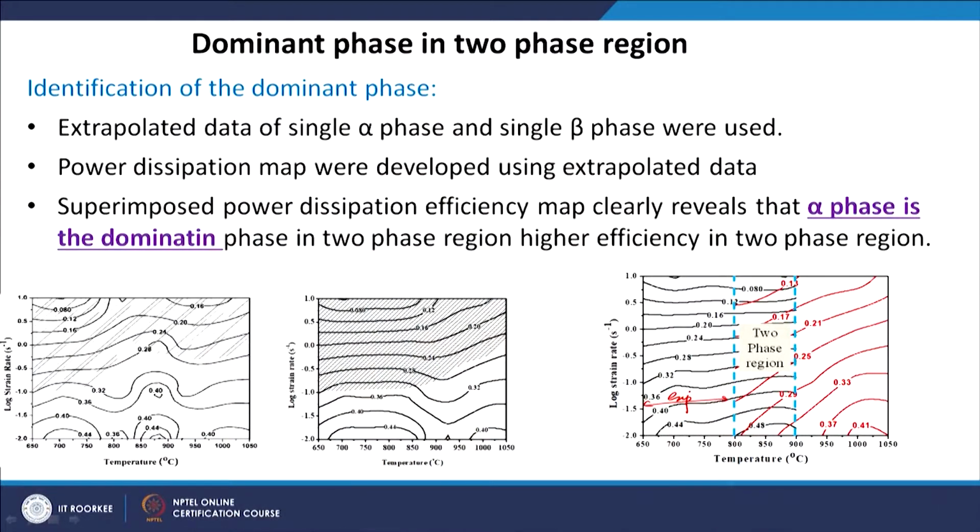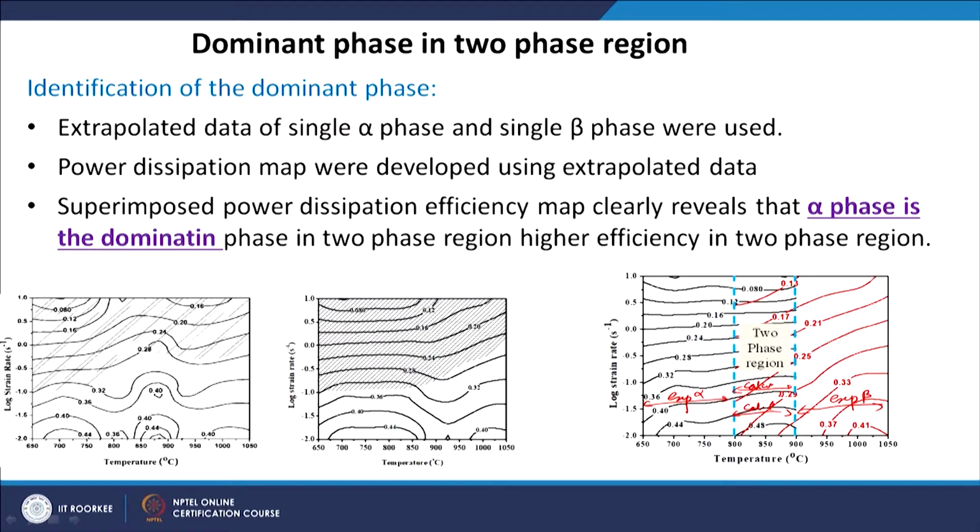We just plotted all the flow stress values of alpha which were experimentally found up to this temperature, and here what we have found out from calculation for alpha. Similarly, these were the experimental values of beta, and these are the values for calculated beta.